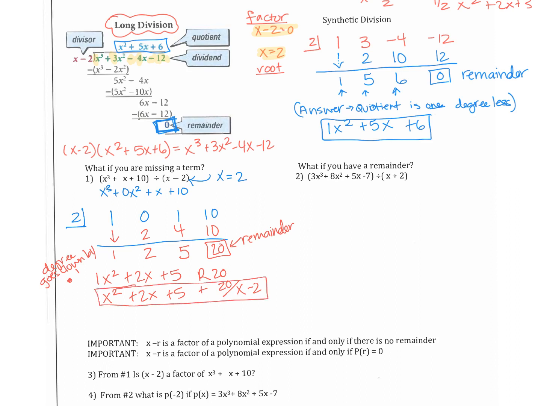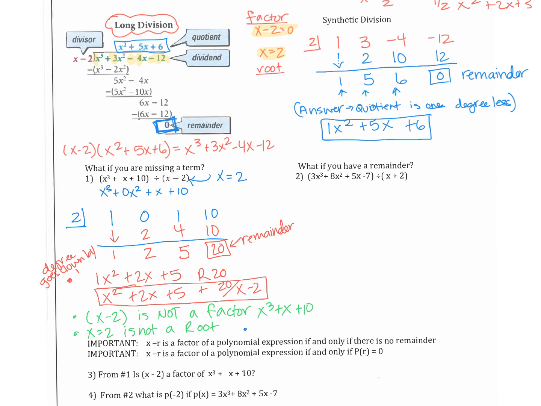Let me grab a different color. I know some stuff. I know that x minus 2 is not a factor of the x cubed plus x plus 10 because I had a remainder. I also know that x equals 2 is not a root because I had a remainder. It didn't go in evenly. And there's a third thing I know, and I've run out of room, so I'm really sorry about this.